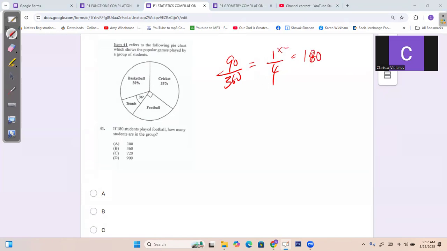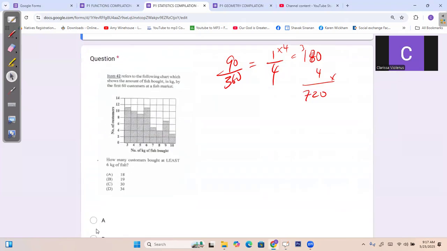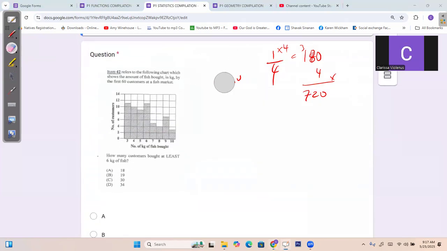You need 4 out of 4, so you just multiply this number by 4, and that's the answer. 720. So the answer is C. Because remember, a whole needs 4 quarters, so you just multiply by 4.